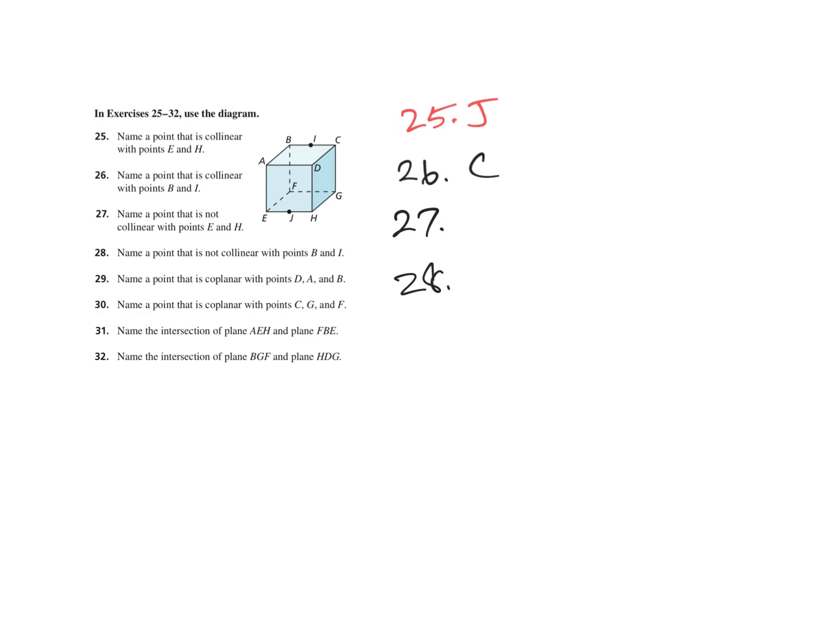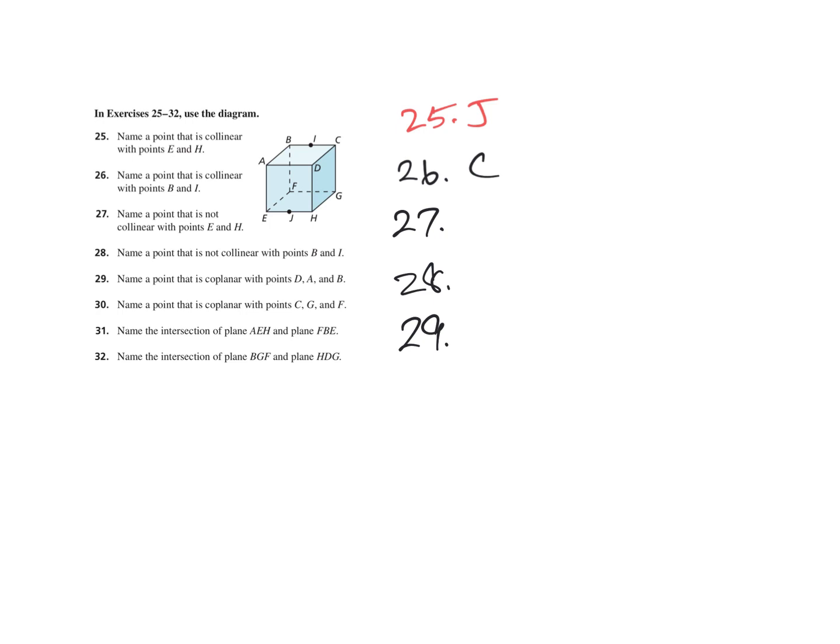Name a point that is not collinear with B and I. Okay, so here's the line that B and I are on. And again, A, D, F, E, J, H, and G. Those are not collinear with B and I. All right, so we erase that and go to the next question.